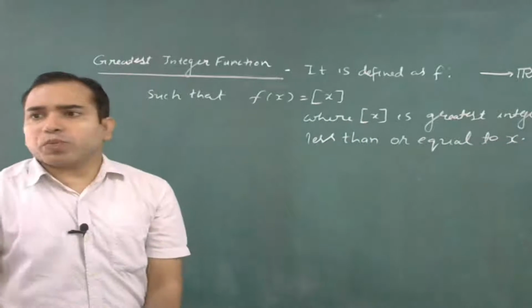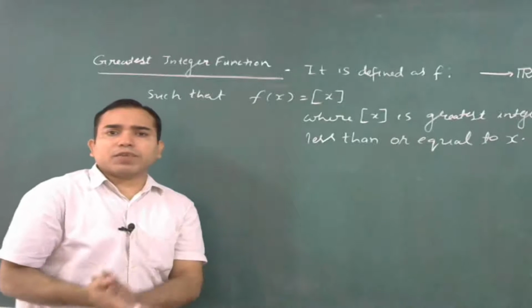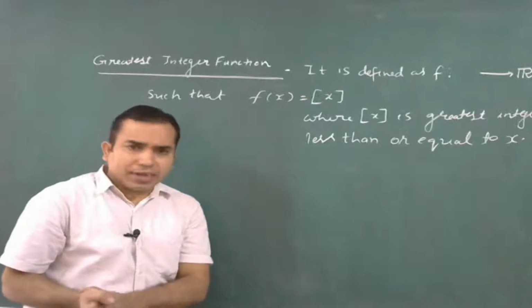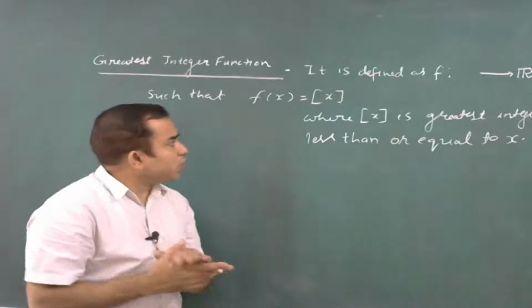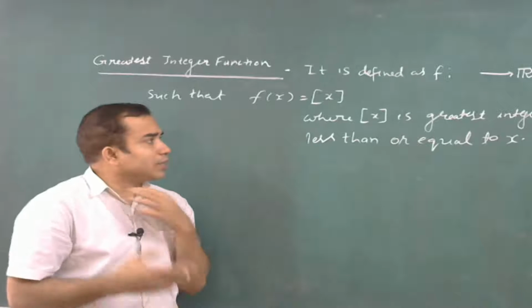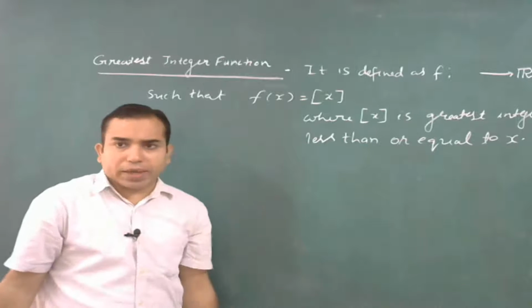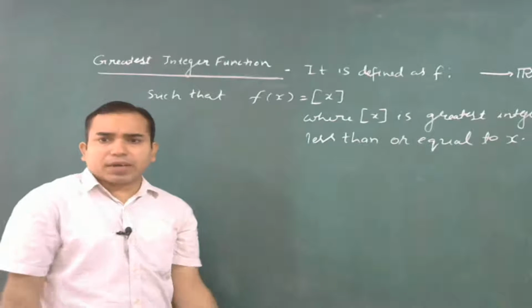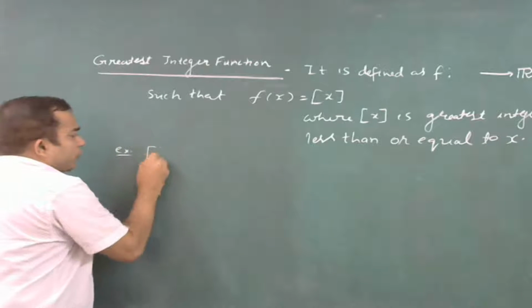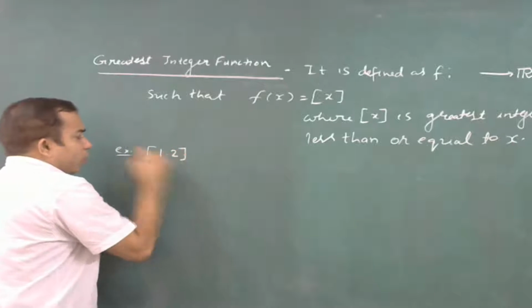Okay, so before we draw its graph and find out domain and range, let us first understand this function, what is the meaning of f(x) equal to greatest integer x, where this is the greatest integer less than or equal to x. Let us see some examples. Suppose you want to find the greatest integer value of 1.2.